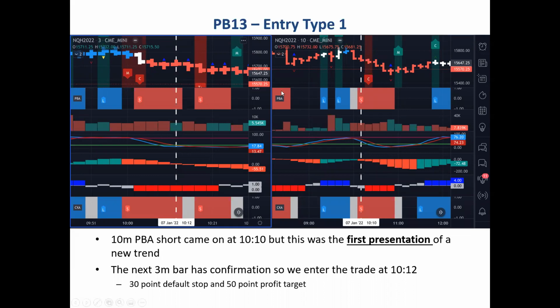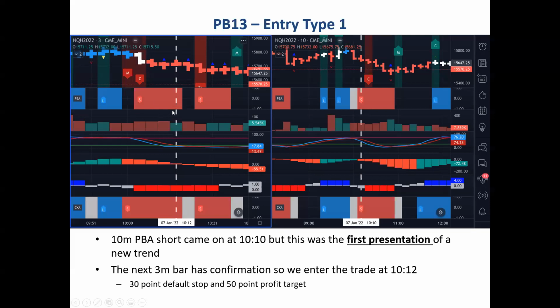Now, it had presented short back here, but what I'm saying is it is the first time after we've seen a long print and actually a neutral or blank print. So this is considered to be the first presentation of a new directional bias on the 10-minute chart. And that came out at 10:10.